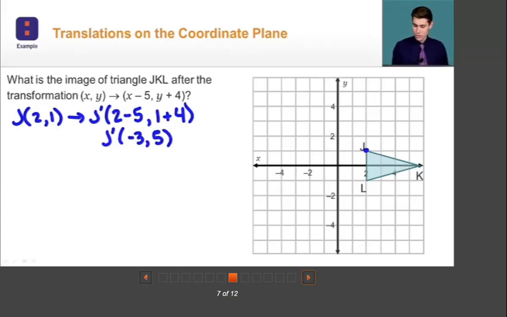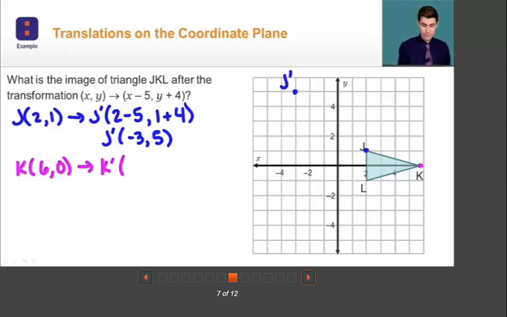Let me add that to the coordinate plane. Here's J prime. Let's do the same with the other vertices. K is located at (6, 0). I'm going to translate that to K prime. So I'm going to begin with x, 6, minus 5, so that's 1, and y is 0, plus 4, so that's 4.